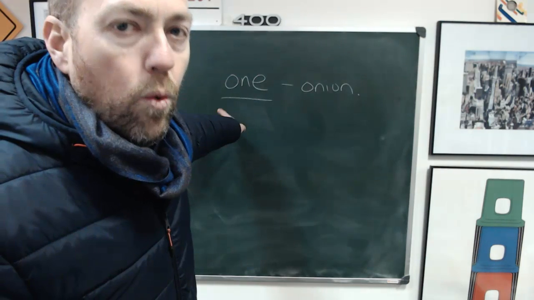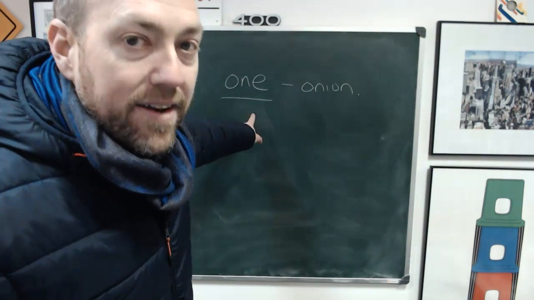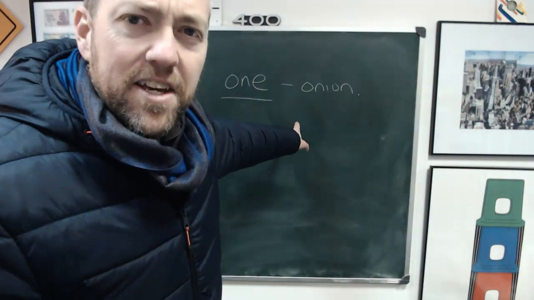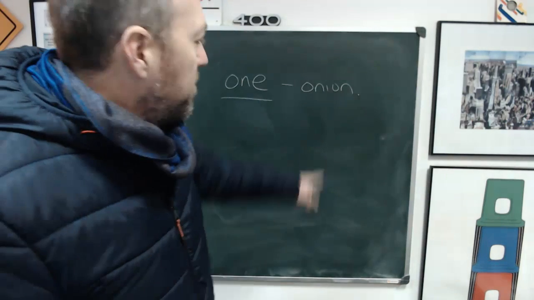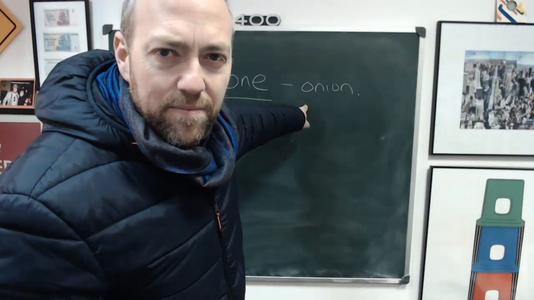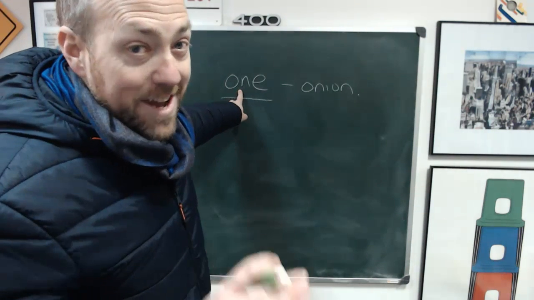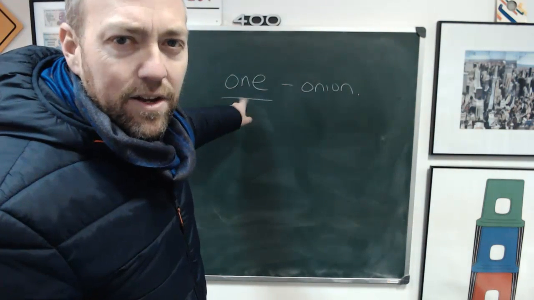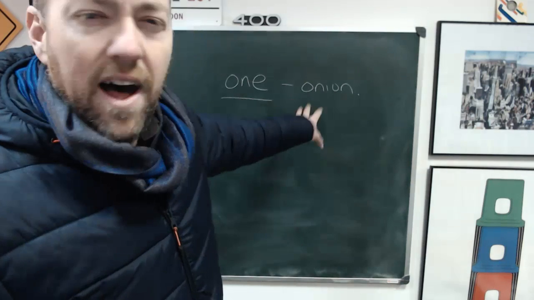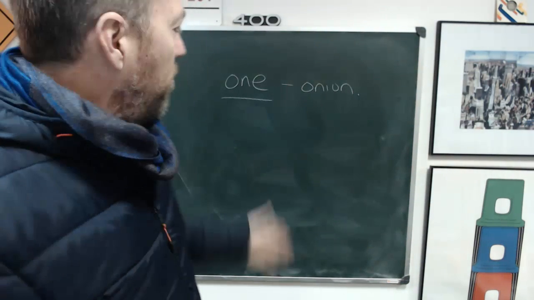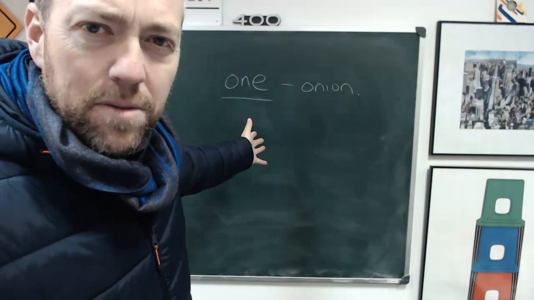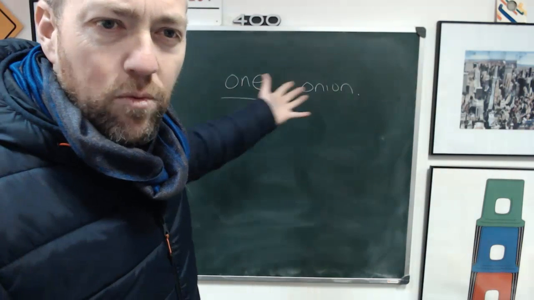One, one, onion. So this sound here is similar, not similar, the same as the sound here. One, onion. So what is the relation between the word one and the word onion?